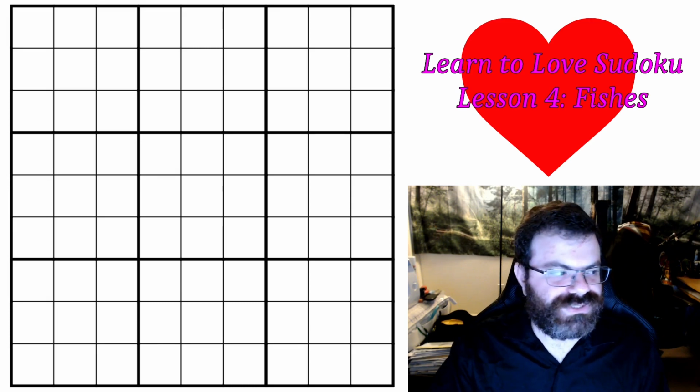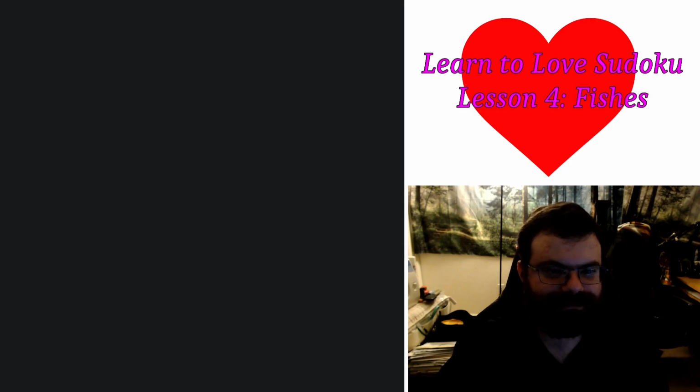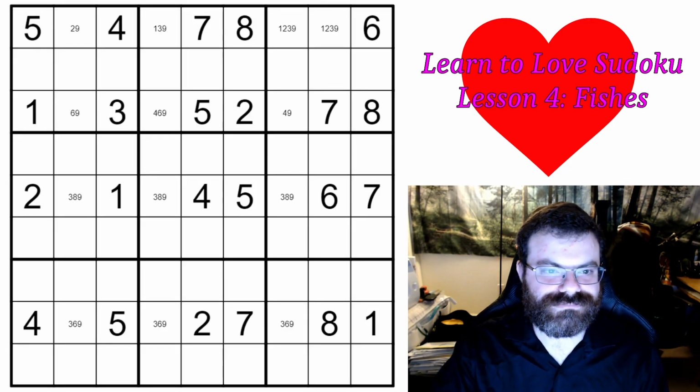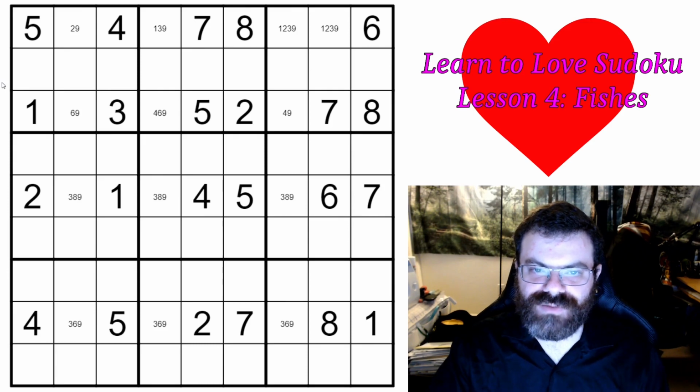So the first thing I'm going to do is bring up an example. This is the first example, and this puzzle contains a swordfish.